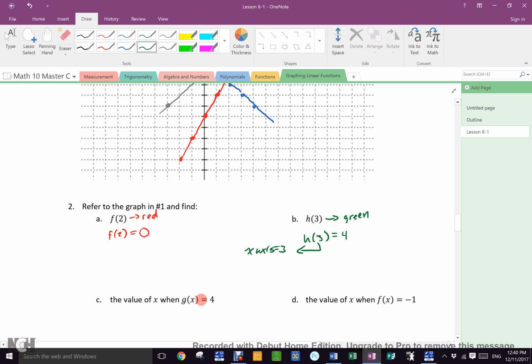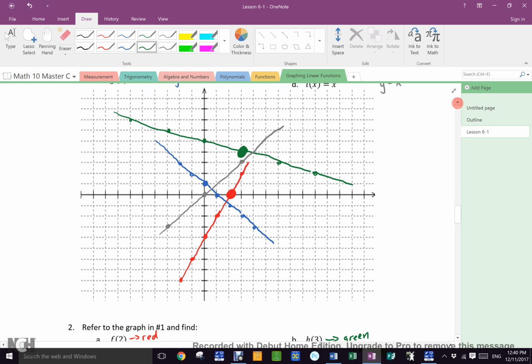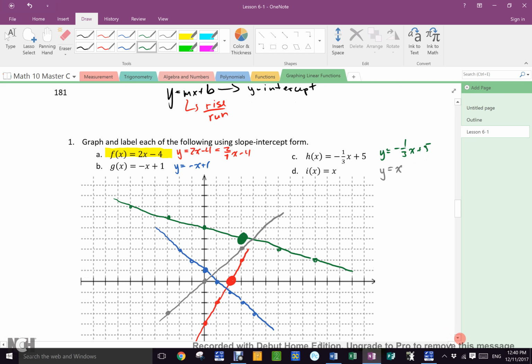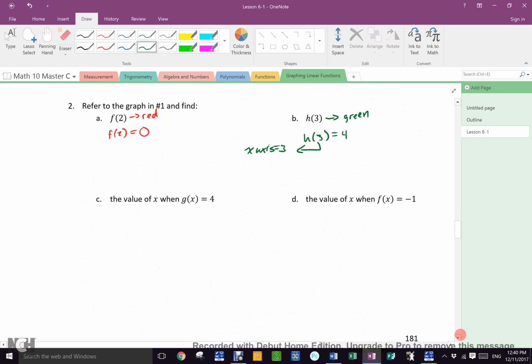Okay. What's different in C? What do I have, Aiden? I have the y value. So what line am I looking at? It's the blue line, right? And now I don't know the x value. I know the y value equals 4.